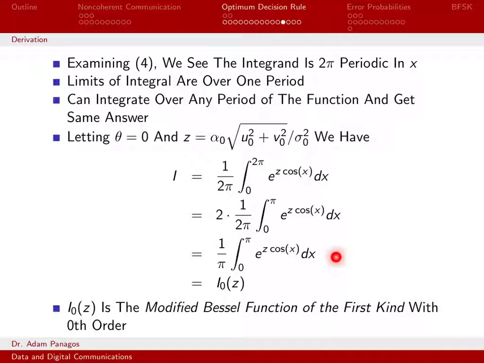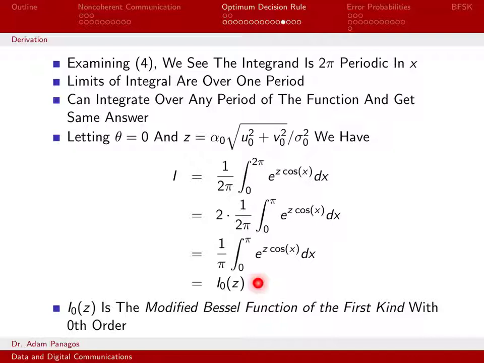Again, this is not something that looks pretty, but we've actually accomplished something at this point. This is a well-known integral. This is called a modified Bessel function of the first kind with 0th order. Not something I typically know off the top of my head, but this is a well-defined integral, and this is something that you can essentially just call a function in MATLAB to evaluate or go look up in a table.